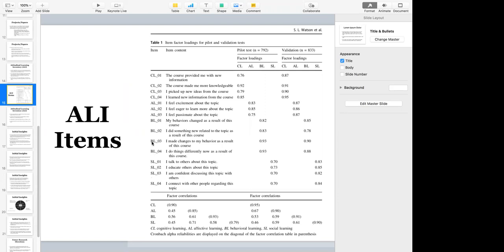So we learned that through looking at cognitive, affective, and behavioral learning, the social learning part really made a big difference in solidifying these learning results. So we added the social learning component.